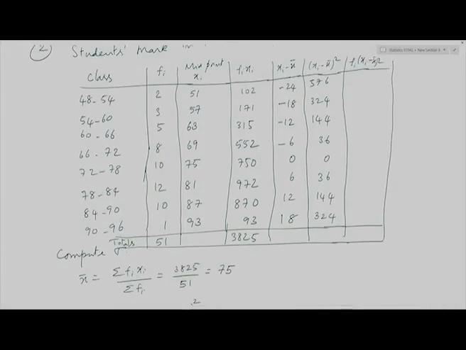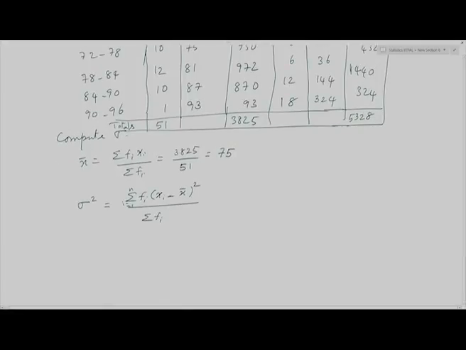The entries will be, multiplying this 576 with the fi, 1152, 972, 720, 288, 0, 432, 1440 and finally 324. Now, if I sum up all that, I get 5328. So, now I can substitute these values here.